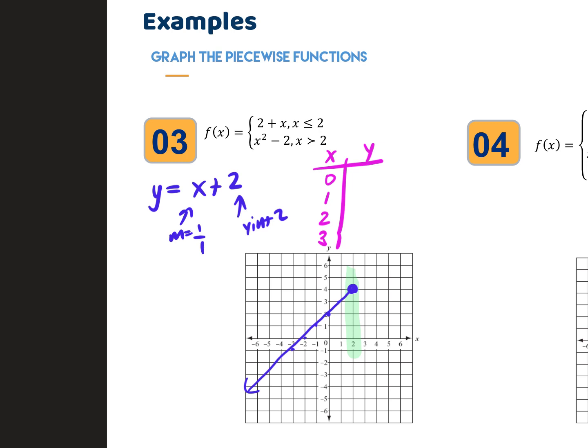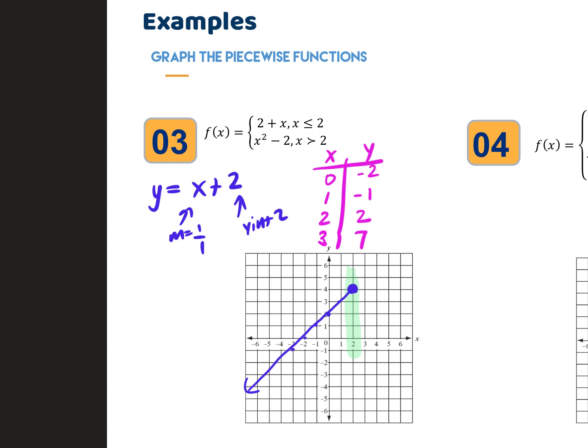So when I plug in 0, what's 0 squared? 0 minus 2, negative 2. What's 1 squared? Minus 2. 2 squared is minus 2. 3 squared. 9. 3 squared, 9 minus 2 is 7, all right?